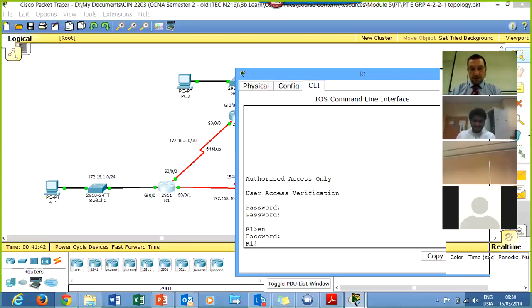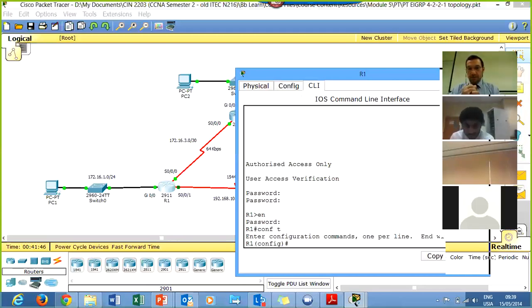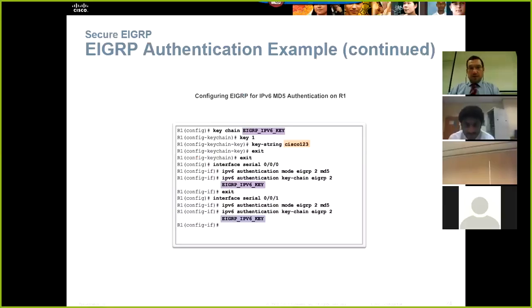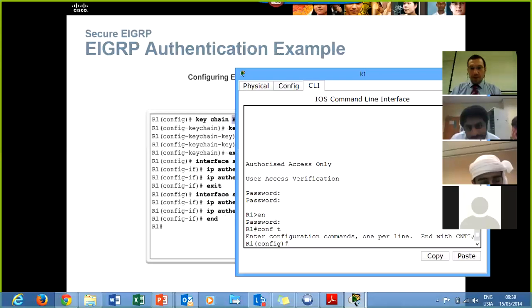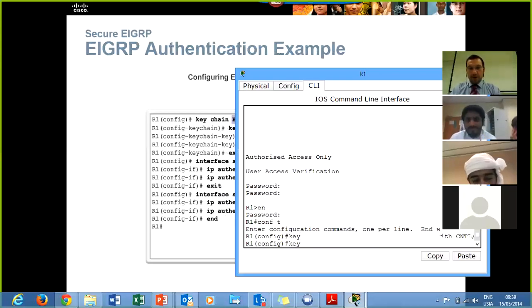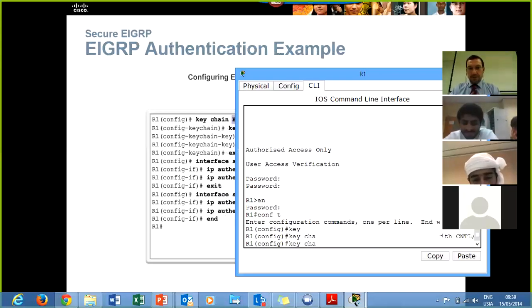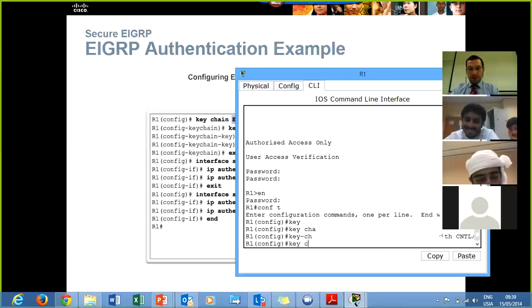Right. So interface. So conf t. Let's do it for R1 serial 001. Okay. So keychain EIGRP underscore key.